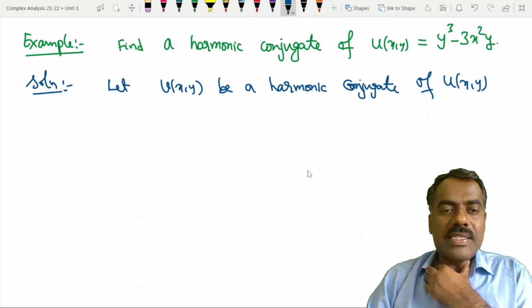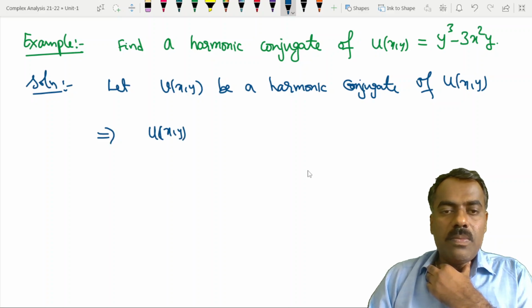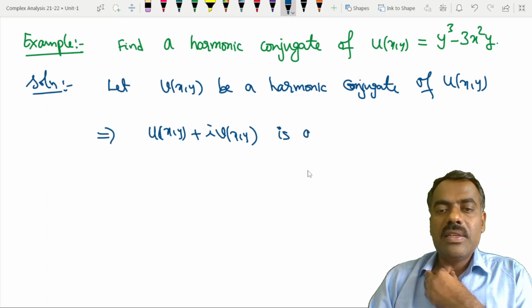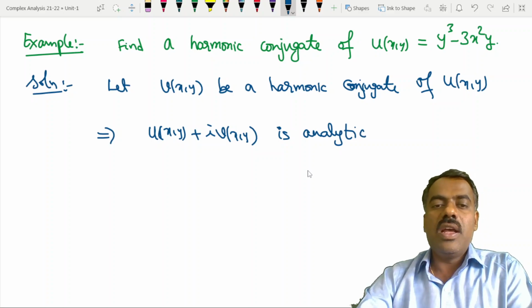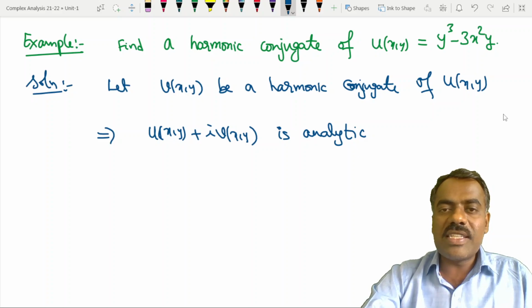This implies u(x,y) + i v(x,y) is analytic. So in particular, the CR equations are satisfied in this domain.